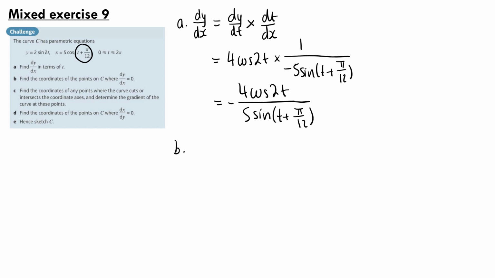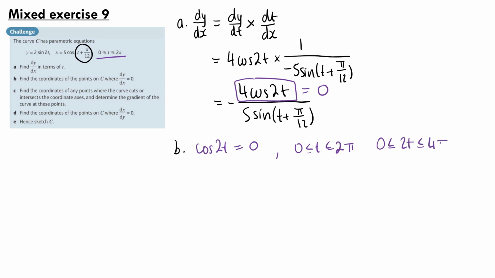So for dy by dx to be equal to 0, we need the numerator of dy by dx to be equal to 0. So this 4 cos of 2t has to be equal to 0. So cos of 2t must be equal to 0, dividing both sides by 4. And we know we're looking in the interval between 0 and 2 pi. So that means that 2t has to be between 0 and 4 pi, multiplying through this inequality by 2.